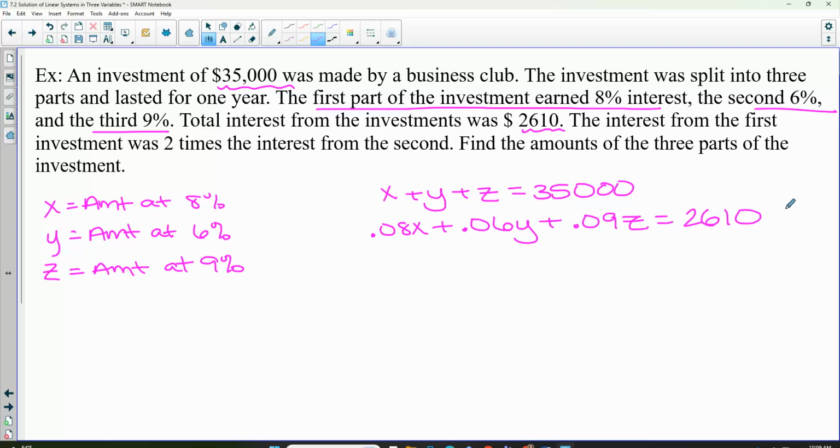All right, the third equation says the interest from the first investment, so my first one was the x, the interest from it is the 0.08x, is the same thing as equals 2 times the interest from the second. So my second one was y, that interest was 0.06y. Find the amounts of the 3 parts of the investment.